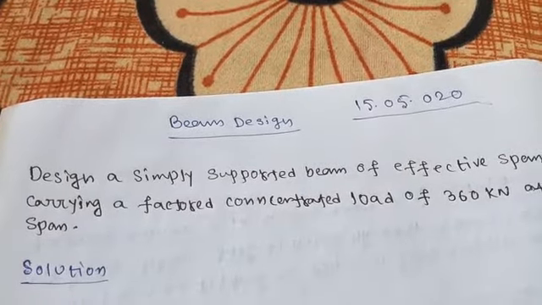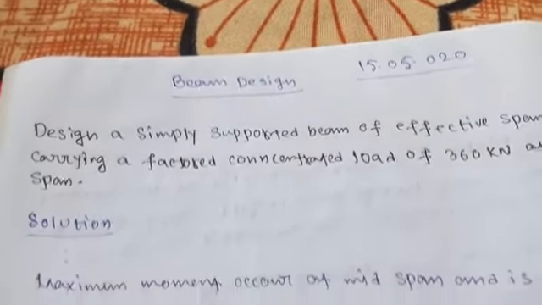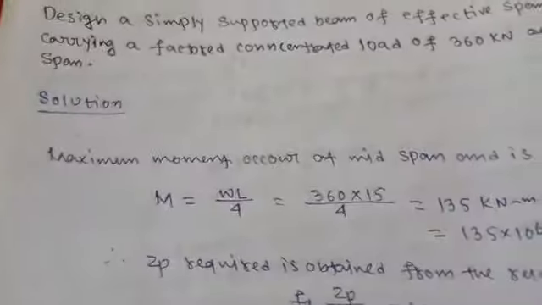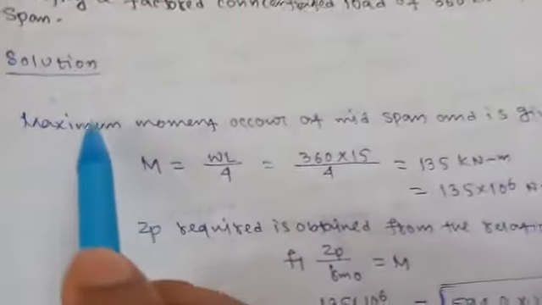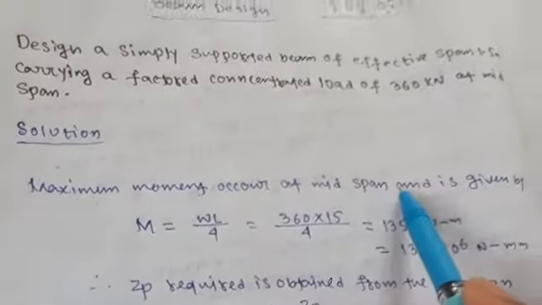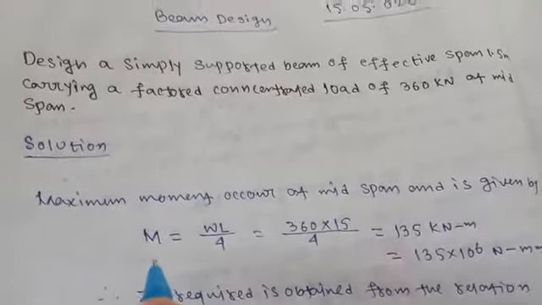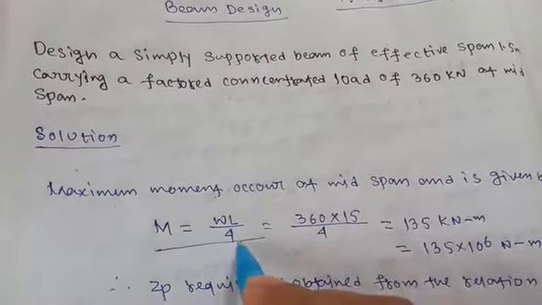So let's go to the solution. The maximum moment occurring at the mid span is given by M equal to WL by 4.